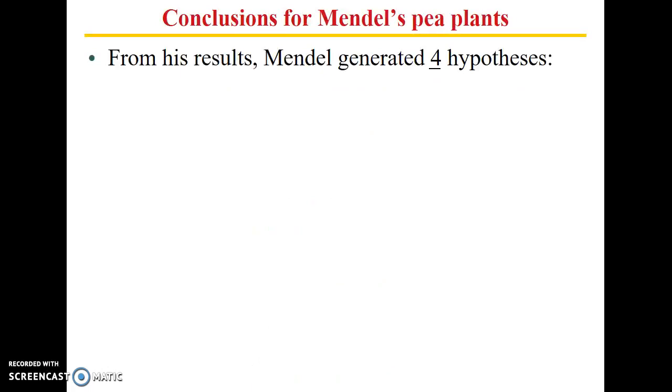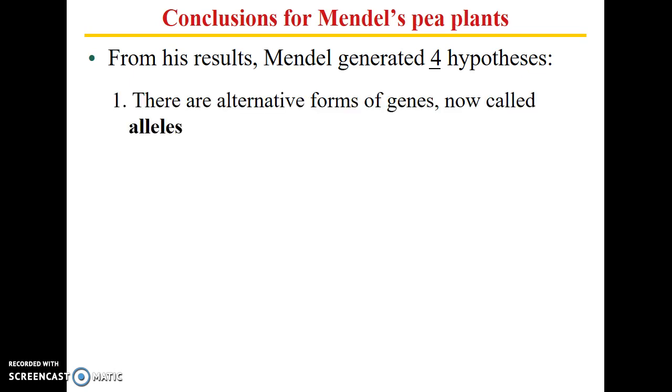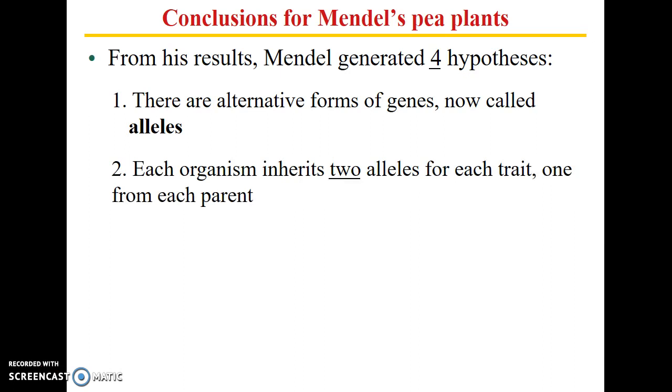From his results from multiple crosses with many different traits, Mendel generated 4 hypotheses. And remember that a hypothesis is simply an educated guess. It's something that must be testable. So the first one, there are alternative forms of genes, now called alleles. Number 2, each organism inherits 2 alleles for each trait, one from each parent.